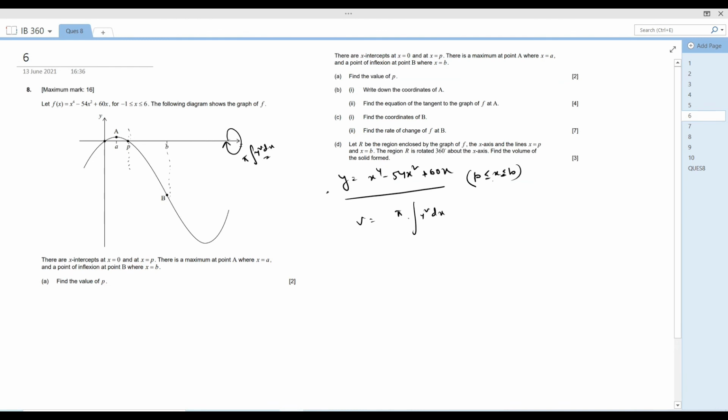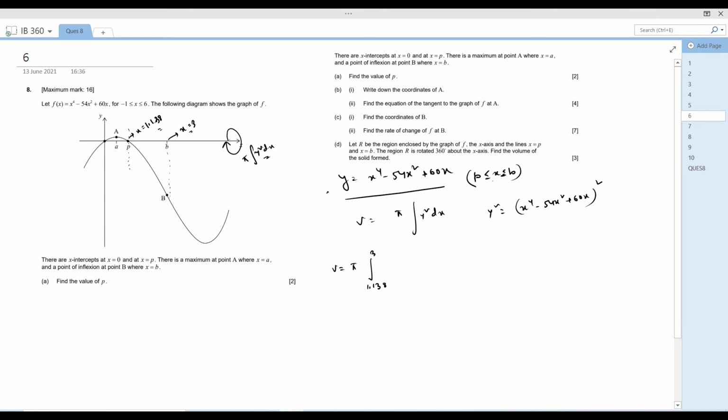So now if you integrate that, y square is equal to x to the power 4 minus 54 x square plus 60x, this whole square. So the definite integral is nothing but volume equals pi times the integral from 1.138 to 3, because the point P at x coordinate is 1.138, and for B the x coordinate is 3.